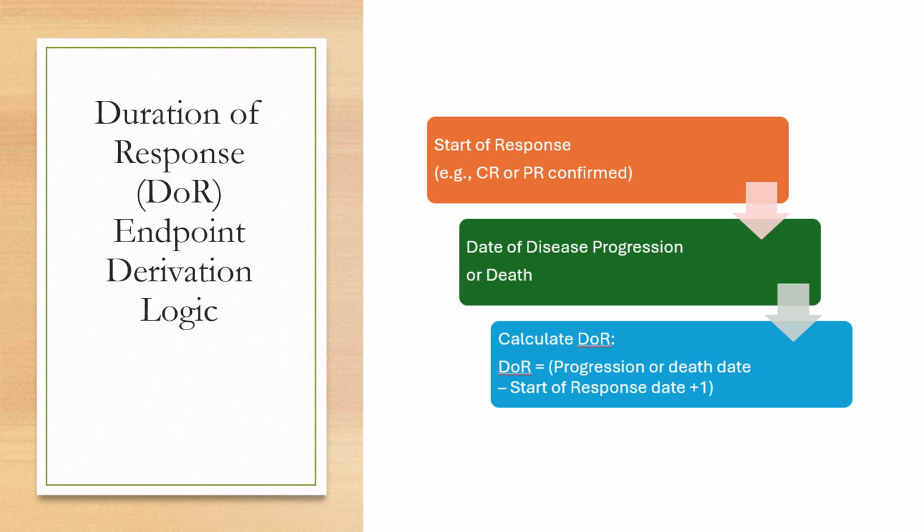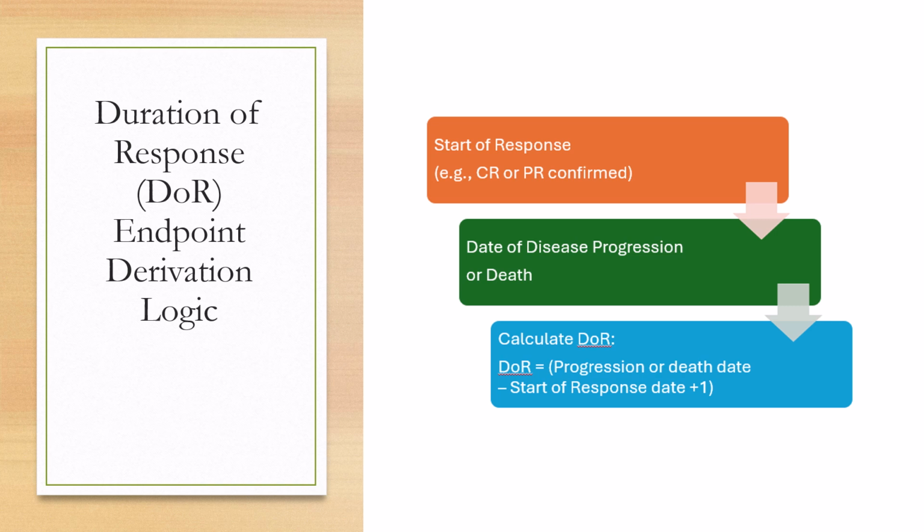So if we talk about the key variables in DOR derivation, those are the complete response, the partial response, the progressive disease, and the time to progression. For partial response, we have already discussed multiple times that it is at least a 30% decrease in the sum of the longest diameter of the target lesions, and the complete response is the complete disappearance of all the target lesions, whereas the progressive disease is at least a 20% increase in the sum of the longest diameters of the target lesions or the appearance of new lesions.